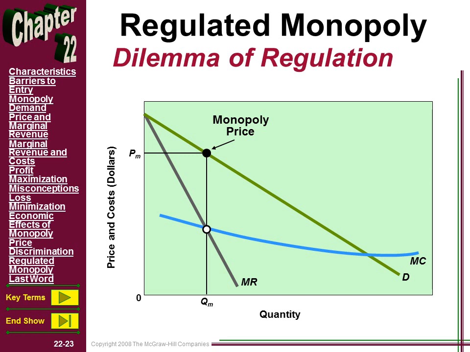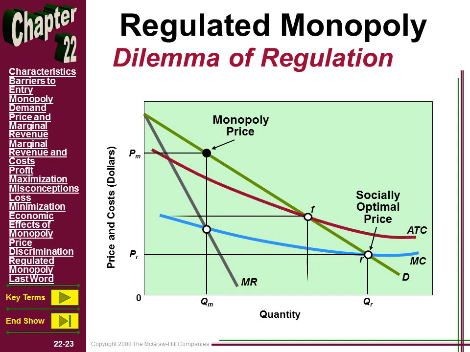What happens, though, if we allow this monopoly to exist and we decide your local utility, natural gas, water, electric company, we're going to regulate this monopoly? So, if we force the monopolist to charge what's called the socially optimal price, which is PR here, remember? PM, monopoly price, PR, socially optimal price. We have a little problem, dilemma, issue.